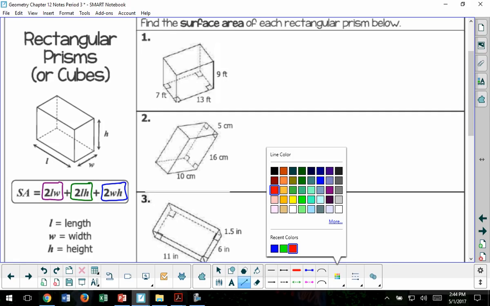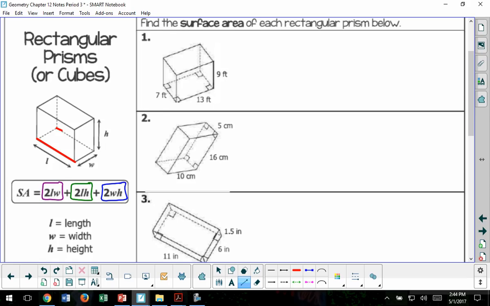For your length, you can also go there, there, there, and there. So when you're given a figure, for example, when we get to another problem, we'll have to shift a number into a different spot because of it.